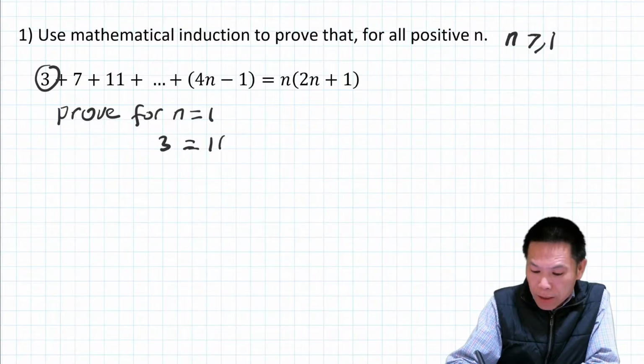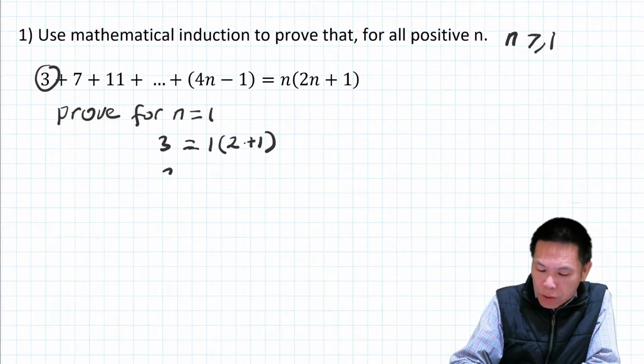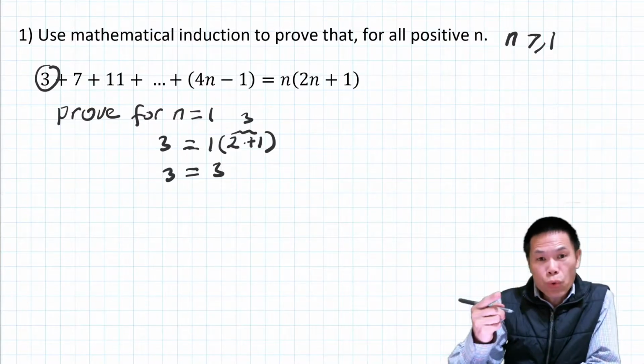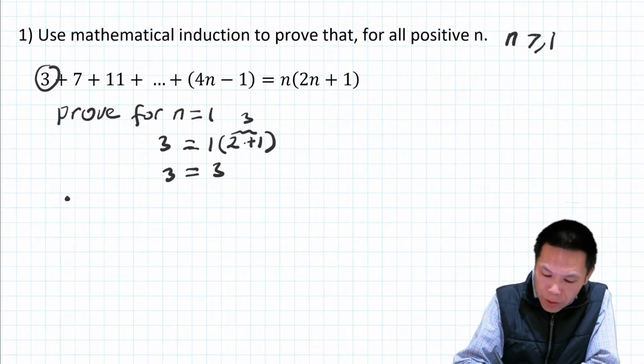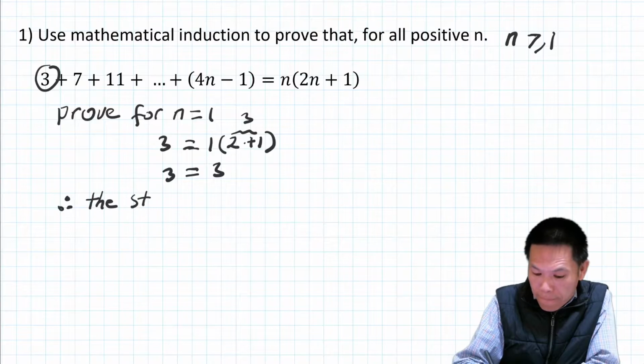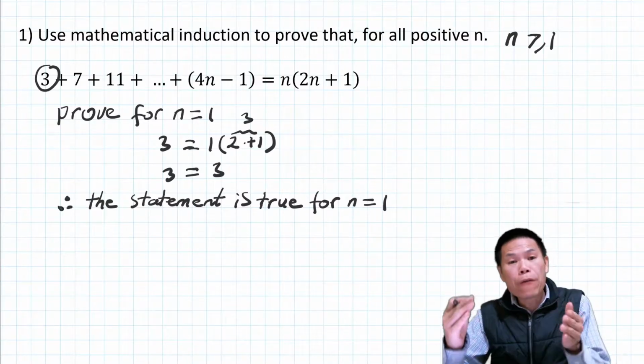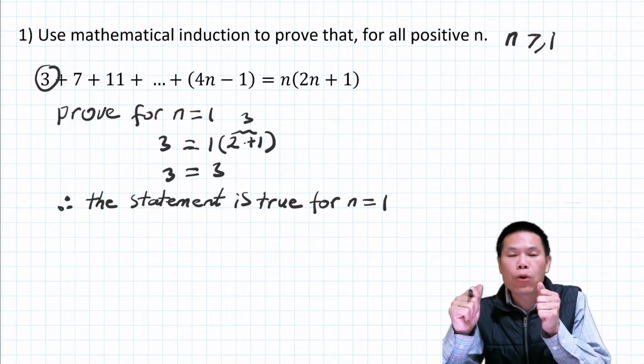So 2 lots of 1 is 2, we add 1, so that is 3. So 1 times 3 is 3. So the statement is true for n equal 1. So therefore, the statement is true for n equal 1.